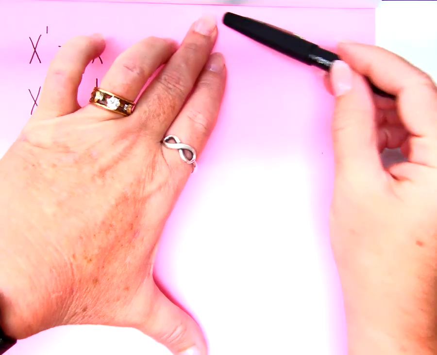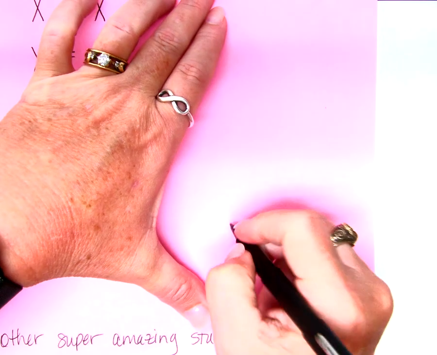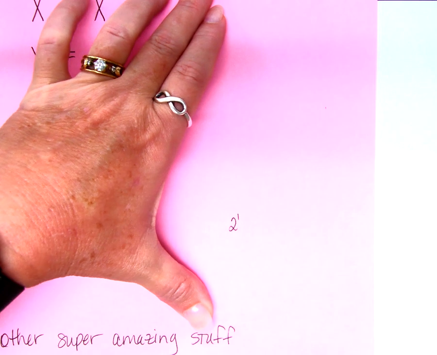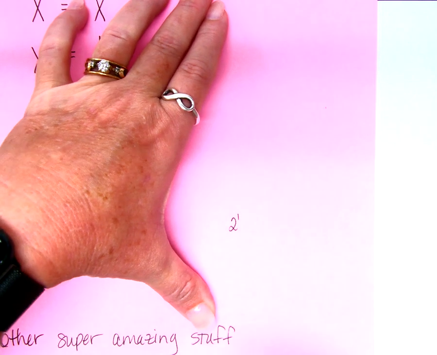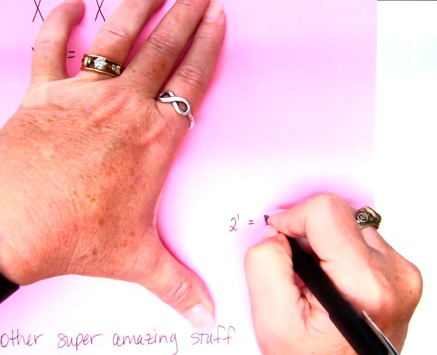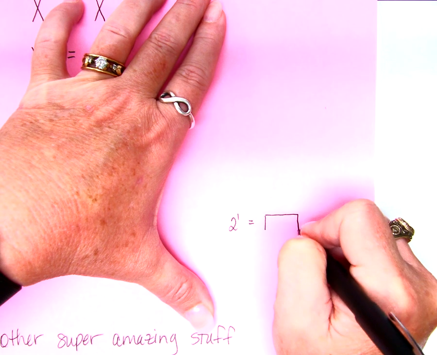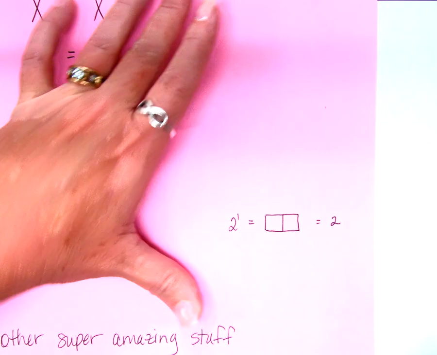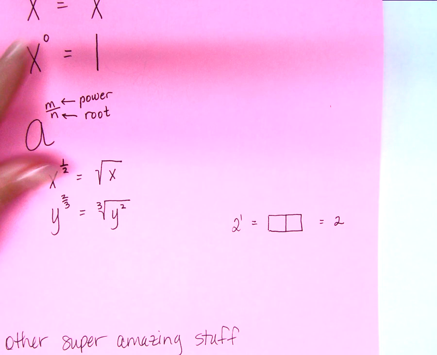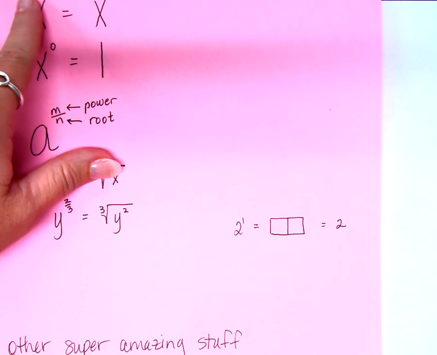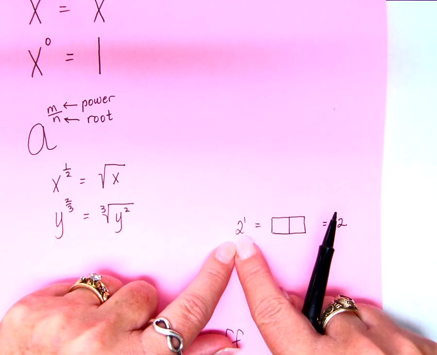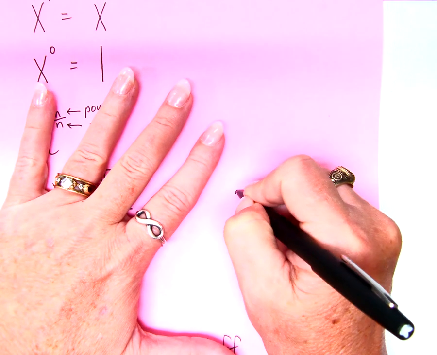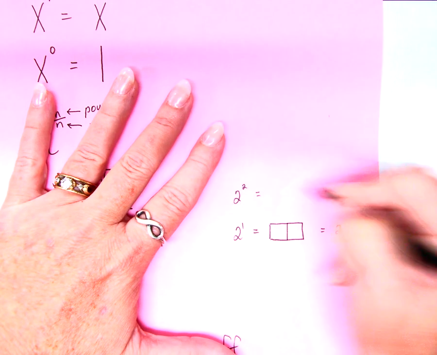Okay. If this is the very top and this is the very bottom, I'm starting closer to the bottom. You see where I'm starting? Do you agree with me that 2 to the first power is 2? You told me that over here, right? Anything to the first power is itself. What about 2 to the second power?